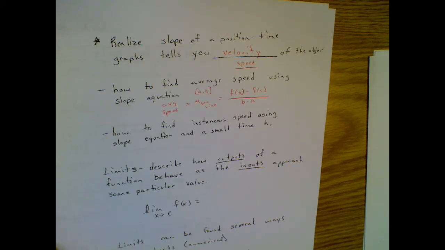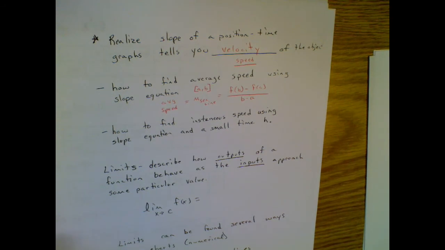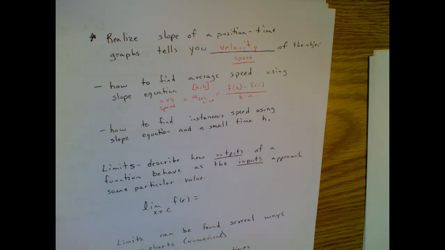When we talked about how to find the instantaneous speed using the slope equation and a small time h, we didn't really go into detail with the small time h.